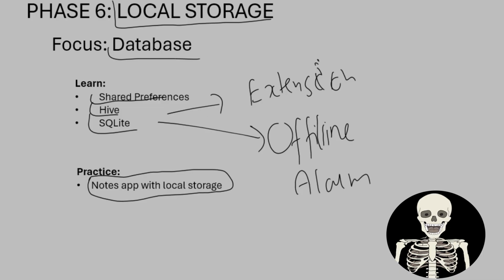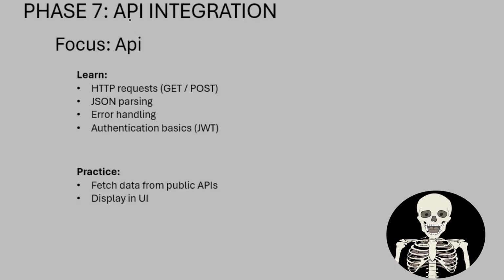After that we're going to move towards API integration. Here we are going to discuss the main database and the APIs we need to get. So this is one of the most important parts of our app development in Flutter.